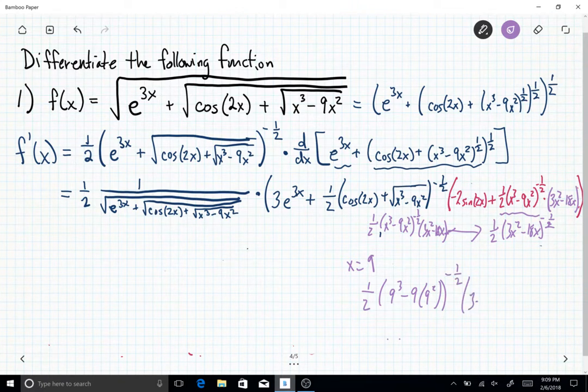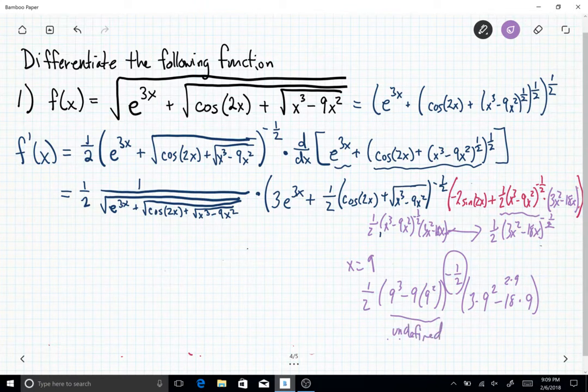And then 3 times 9 squared minus 18 times 9. Let's see if that does it. So notice you can write that as 2 times 9. And so on the one side, just an FYI, since you have this and a negative 1/2 power, that's undefined, right?